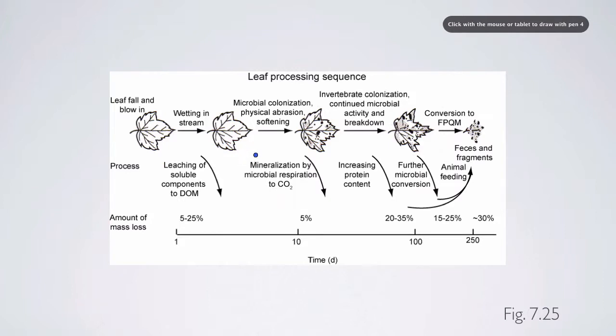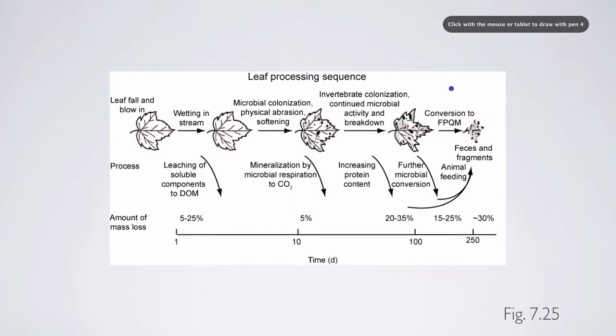The next thing that happens is fragmentation. Microbes are going to colonize this leaf, and there's going to be physical abrasion, for example, that starts to remove particles and breaks it up. After that, we have invertebrates, insects, that go through, and they're going to start to chew on the leaf.